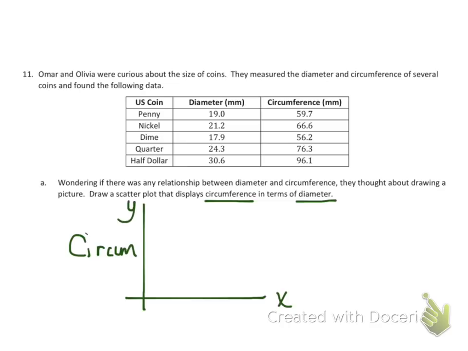We could think of predicting the circumference based on the diameter. This relationship could really be graphed either way. We can also predict the diameter based on the circumference, but this is what they asked us to do. So we're going to draw a scatter plot that has diameter as the independent variable and circumference as the dependent. You can pause and work on that.